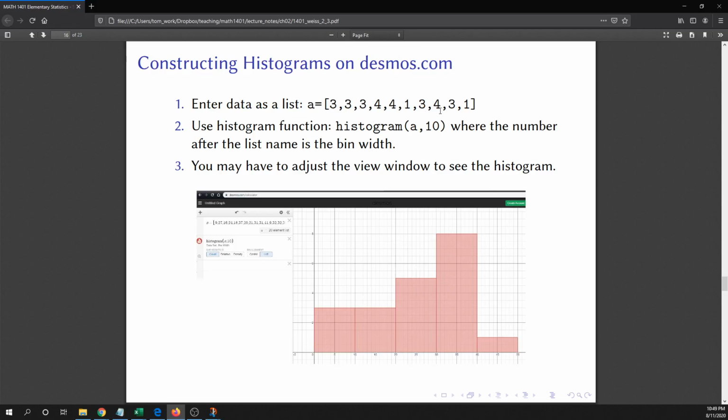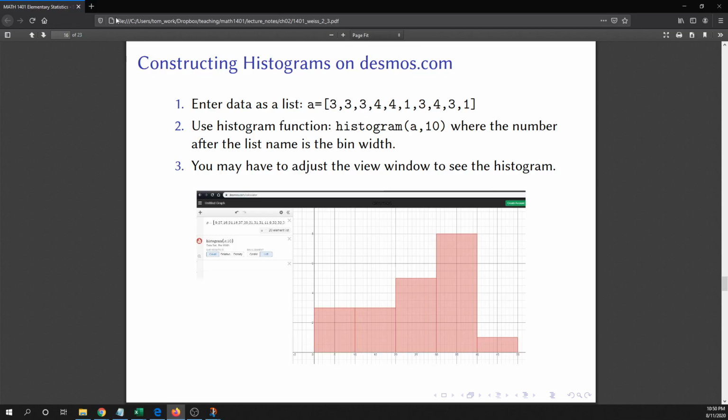Remember, we organize these things into groups, and then we get a frequency or relative frequency histogram based off those groups. So we're going to be looking at pictures like this, and I just really need you to understand what these things represent.